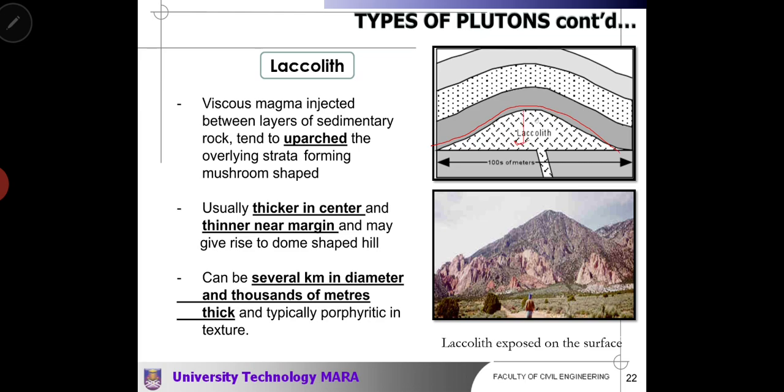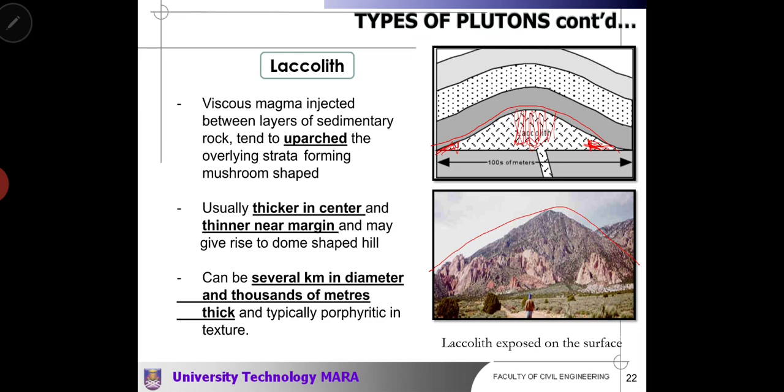The center is very thick, but at the corner it is smaller. It's very significant in the center. This is the visual that you can see in the real case.